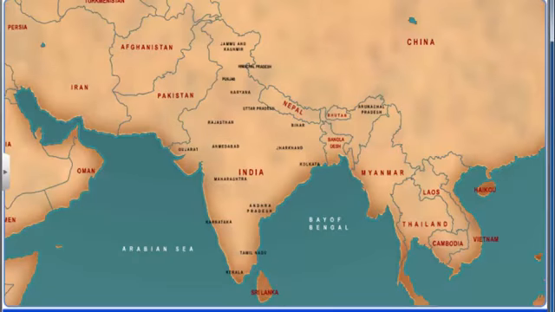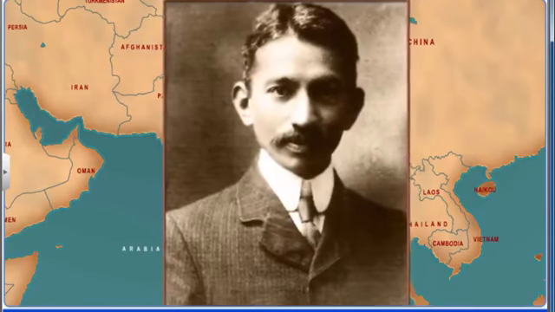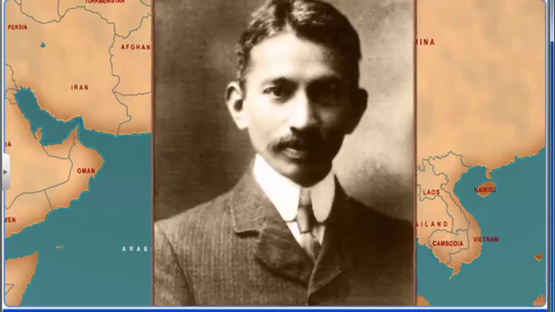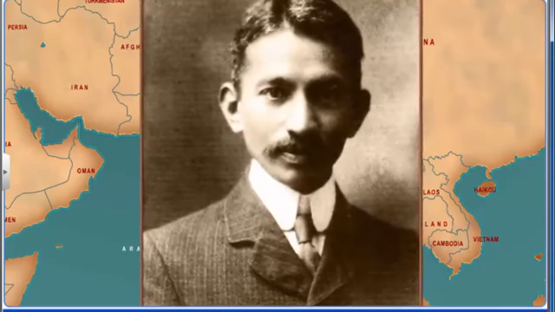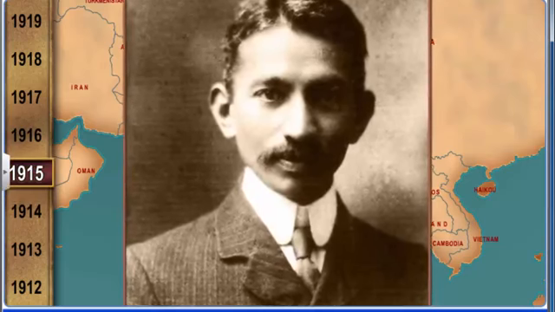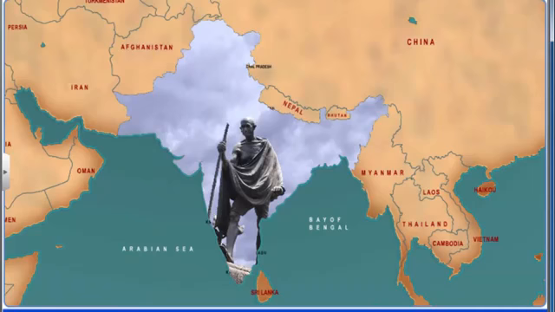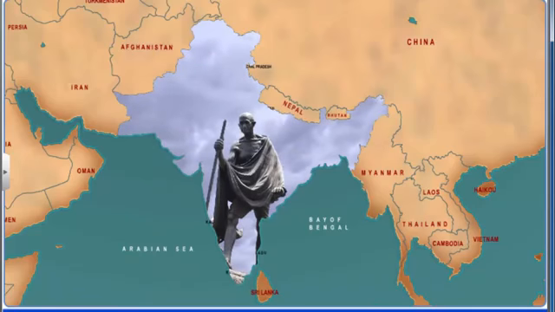The Indian freedom movement gained momentum with the coming of Mohandas Karamchand Gandhi, later known as Mahatma Gandhi. He emerged on the national scene in January 1915. He had successfully tested novel ideas of non-violence and anti-colonial struggle in South Africa.